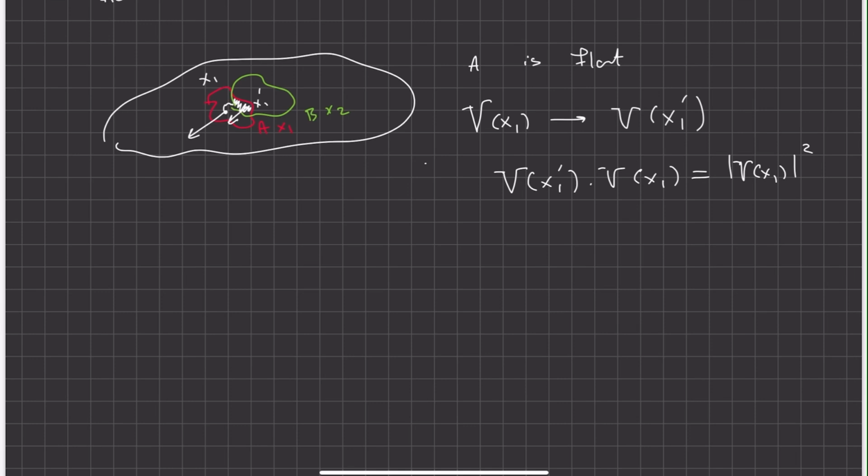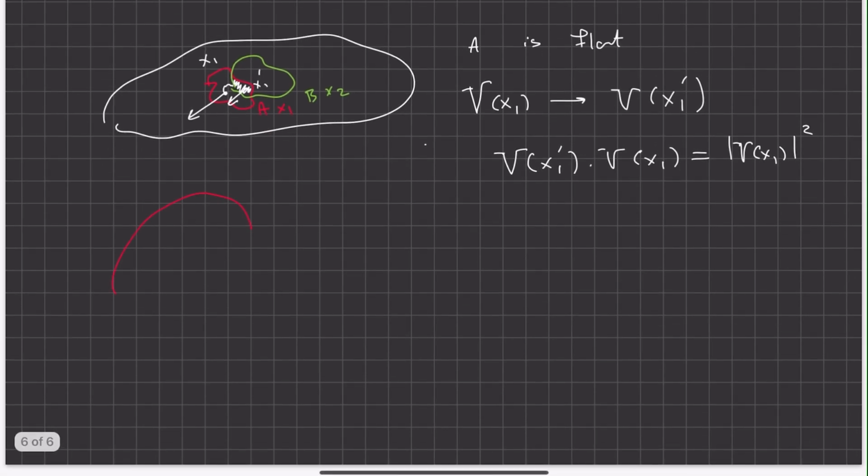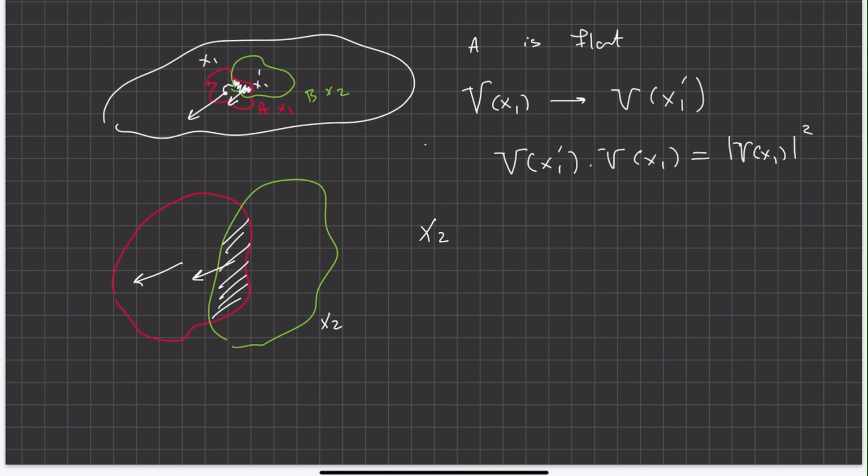And then I have this intersection area. So imagine that I have a vector here, and then I have this vector here, and then I have also the function to map this coordinate. So x2, or x prime 2, is equal to f of x prime 1.